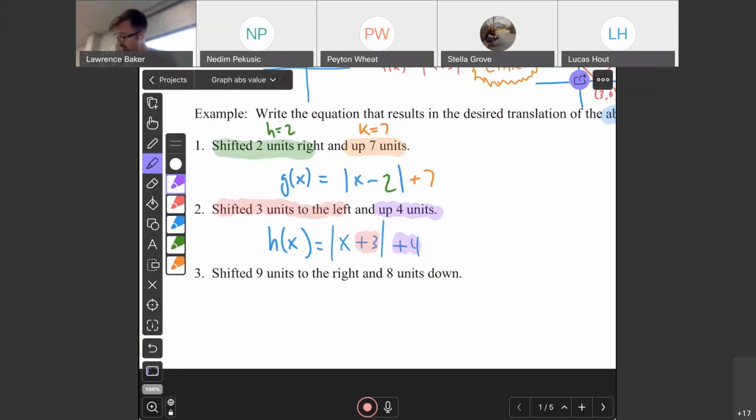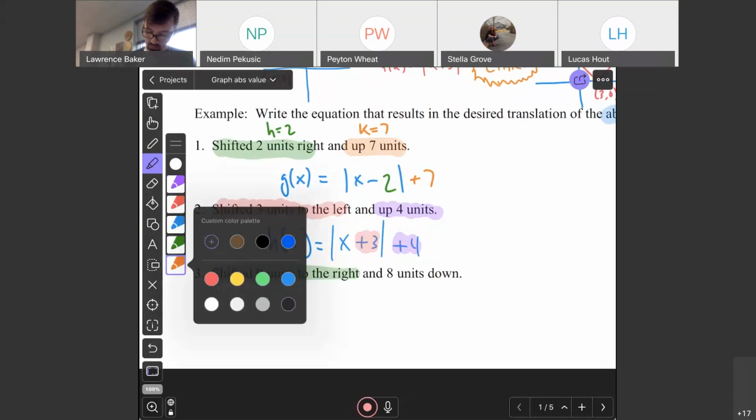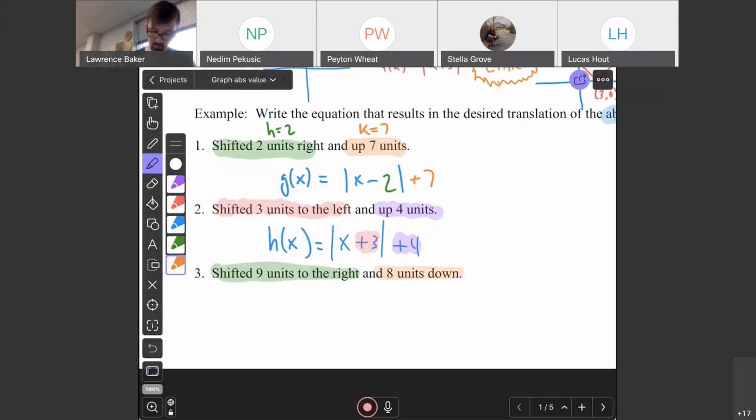What about that last one? Avery, what do you think? How would we get a shift 9 units to the right and 8 units down? What do you think, Avery? Okay, so x minus 9, like that.